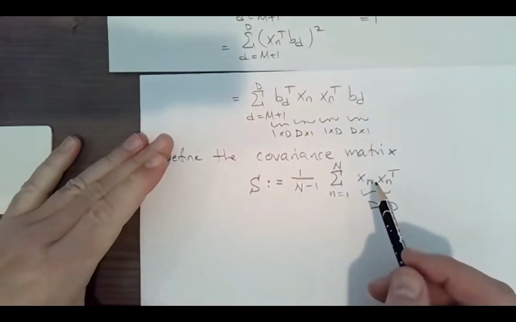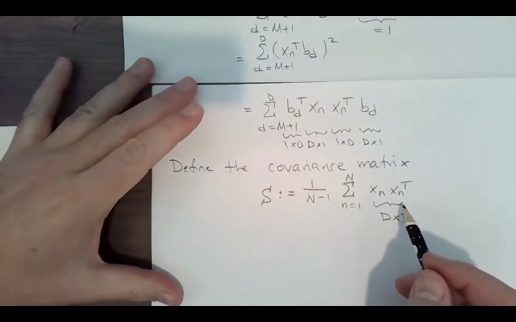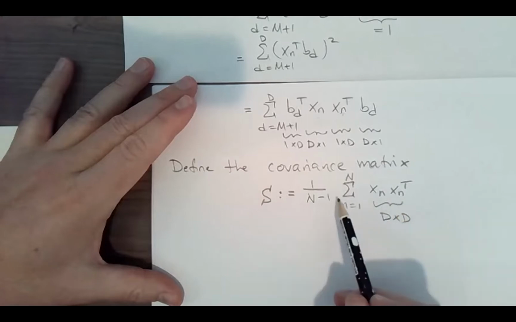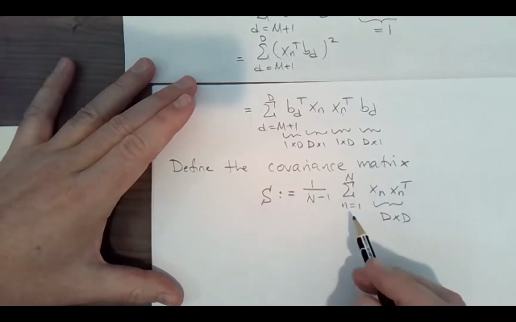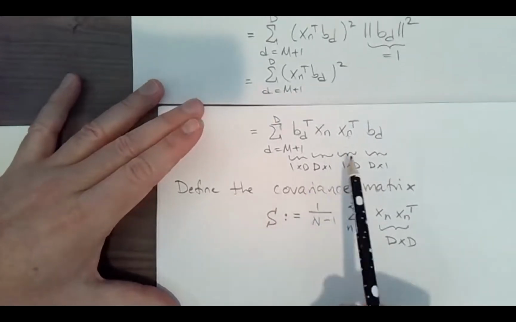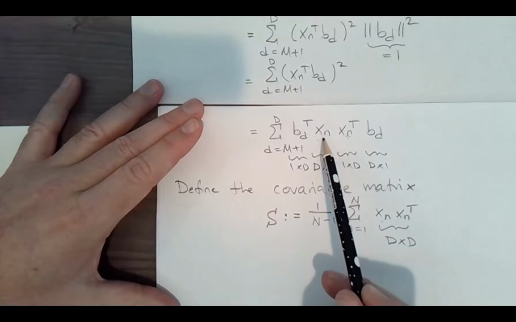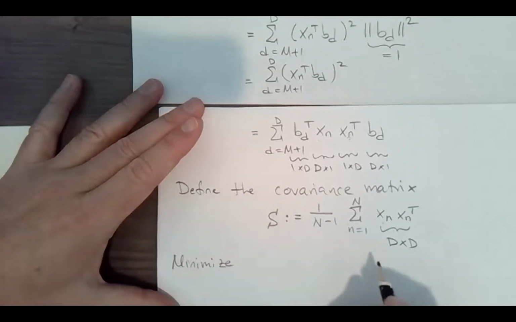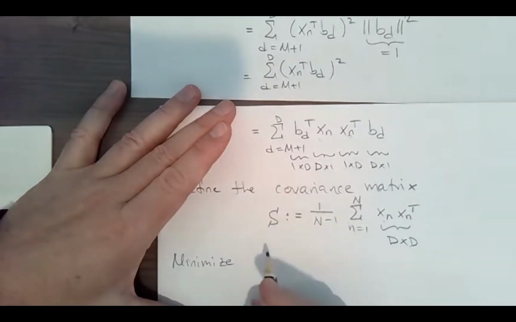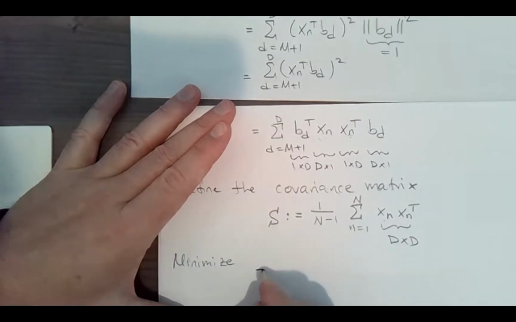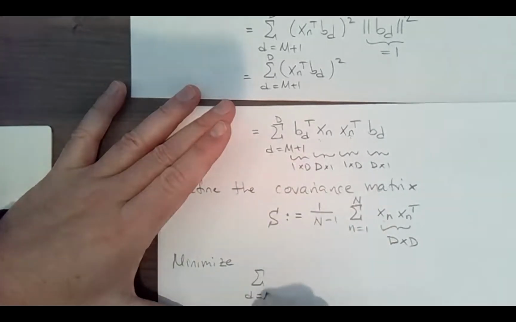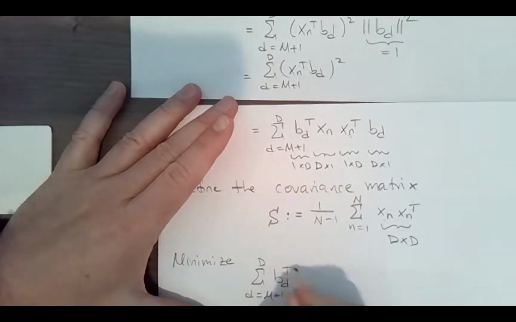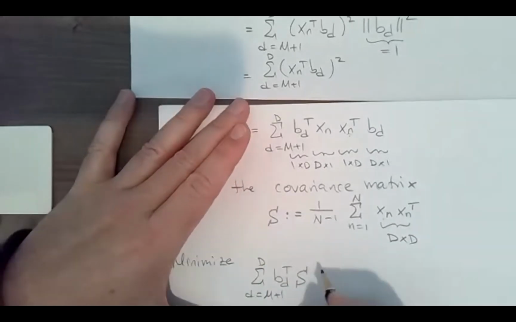So now our goal is to try to minimize what we have here. So I want to plug that in there. So minimize the sum from D equals M plus 1 to D, and then you have your BD transpose, and then you have your S, and then you have your BD.